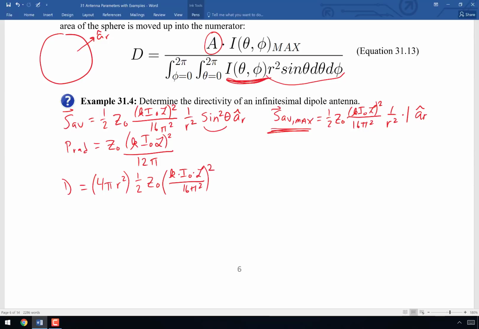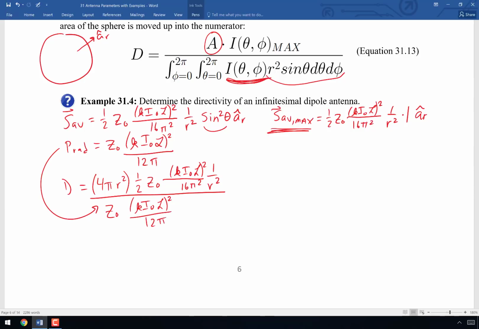Only the numerator gets squared, so this is k I sub 0 L, the quantity squared, over 16 pi squared. And then there's also a 1 over r squared. And then in the denominator, we take the total radiated power, which goes down to the denominator: Z sub 0 times k I sub 0 L, the quantity squared, over 12 pi.